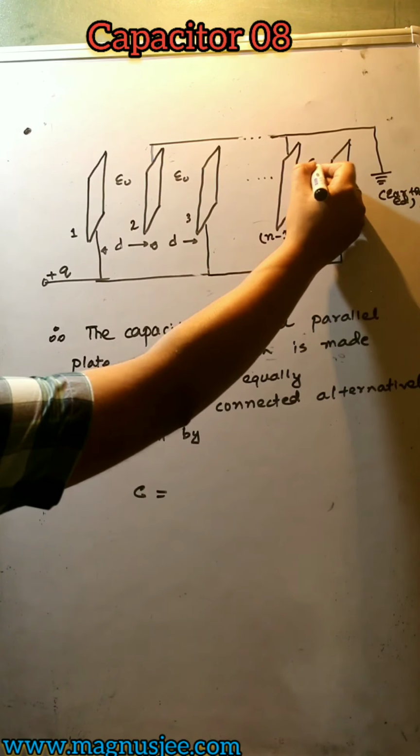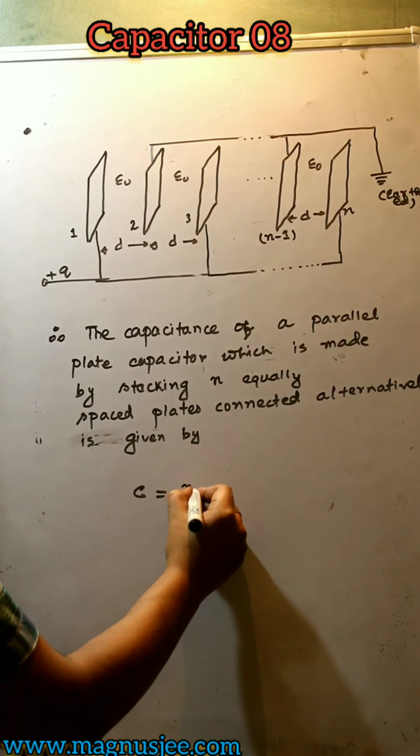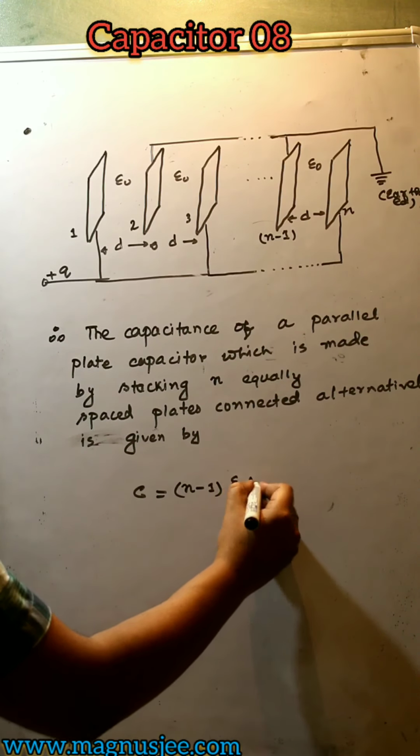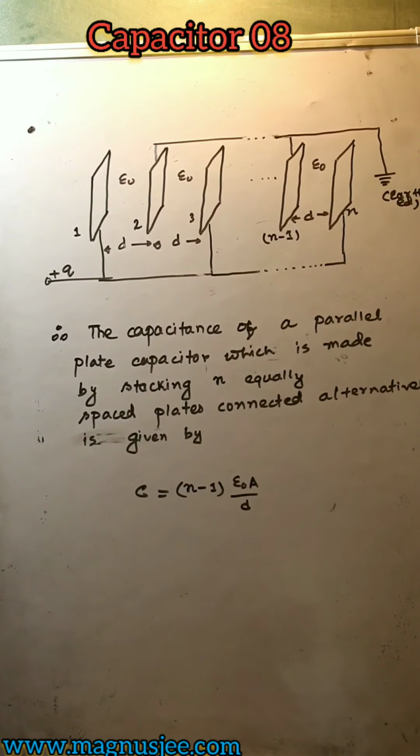Epsilon 0 is the permittivity of vacuum which exists between two plates as dielectric medium. So finally we get C as (n minus 1) epsilon 0 A divided by D.